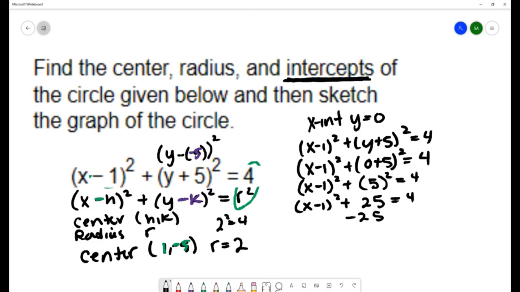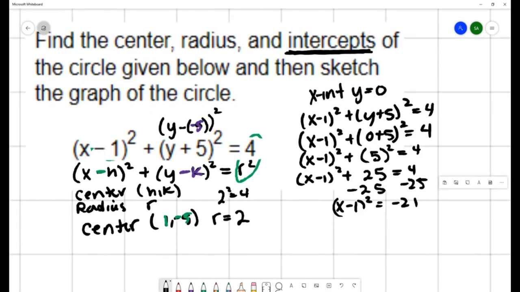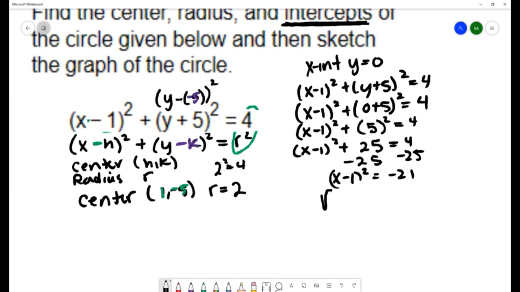And I would subtract 25 on both sides. And that gives (x - 1)² = -21. And then I'll square root both sides to get rid of that square.